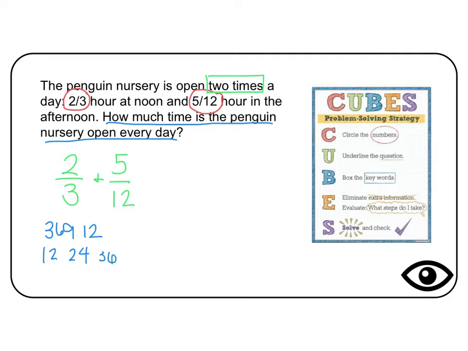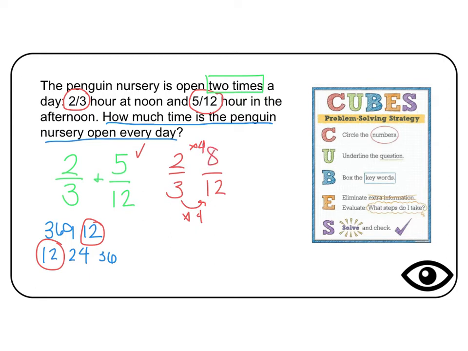We already have a common number. That number is 12. That means that I can leave 5/12 alone, but I need to change 2/3 into something over 12. 3 can go into 12 if we multiply by 4. And if we multiply by 4 on the bottom, we have to multiply by 4 on the top. 2 times 4 is 8.